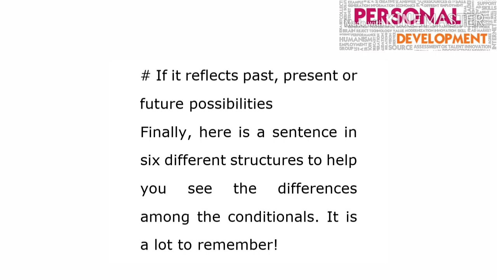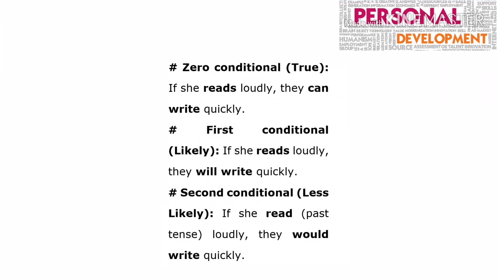Finally, here is a sentence in six different structures to help you see the differences among the conditionals. It is a lot to remember. Zero conditional, true. If she reads loudly, they can write quickly. First conditional, likely.